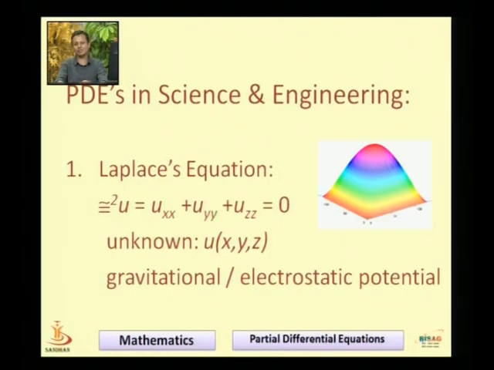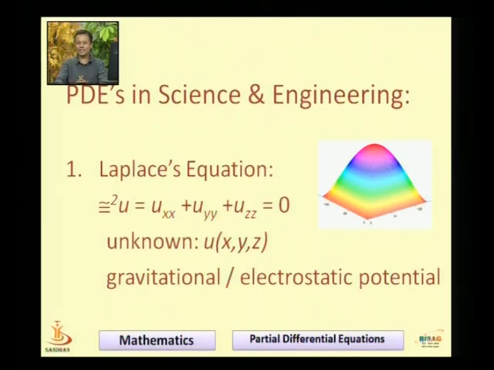Now, some important and very well known partial differential equations in science and engineering are, you might have heard their names or read them in some books. First is Laplace's equation. Generally this arises in gravitational or electrostatic potential, and you can consider Laplace's equation for 2 variables, 3 variables, 4 variables.